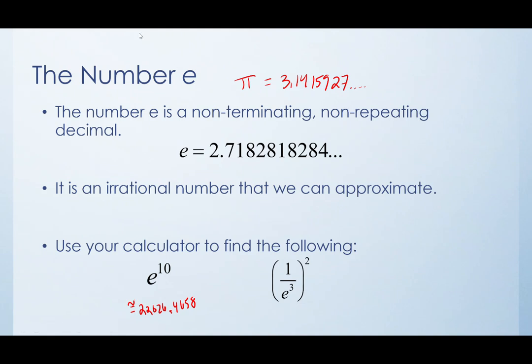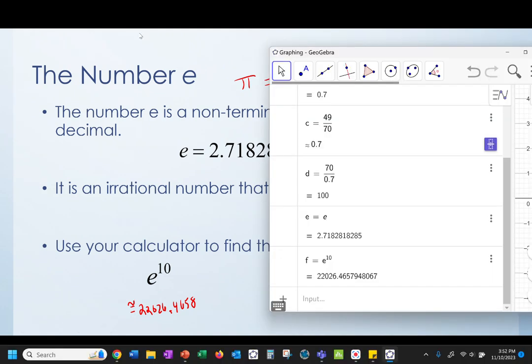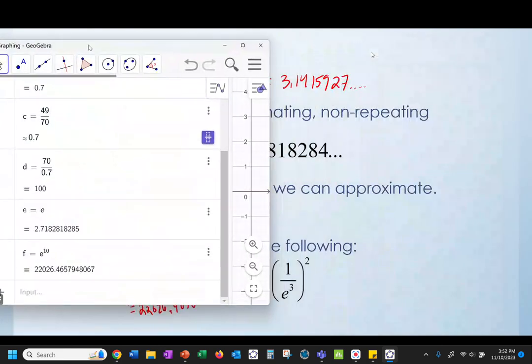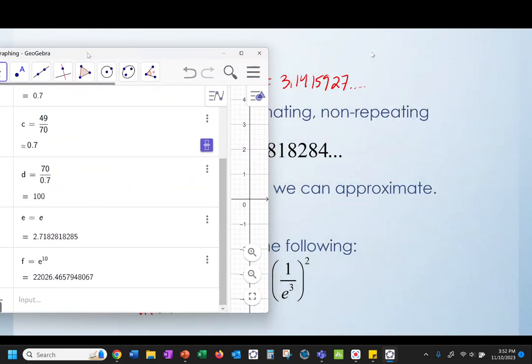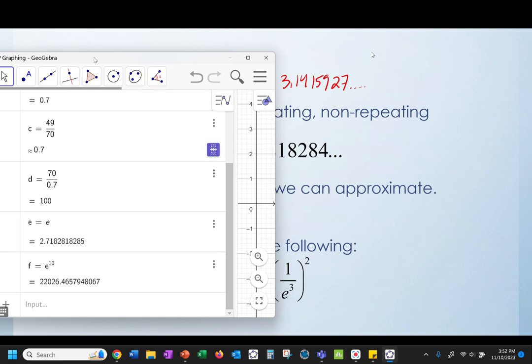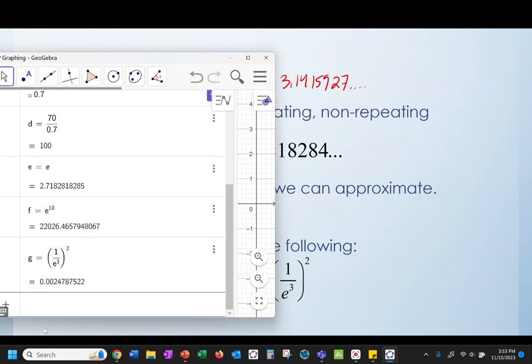And if I ask, what is 1 over e cubed, squared? First off, you could recognize that that's 1 over e to the 6th, because when you raise a power to a power, you multiply the powers. Or you could go ahead and compute 1 over e cubed, all squared.